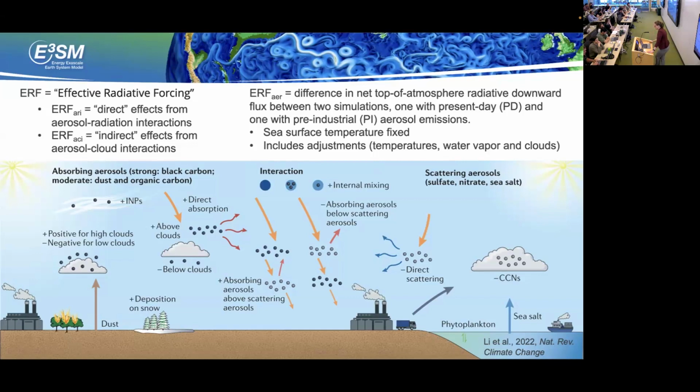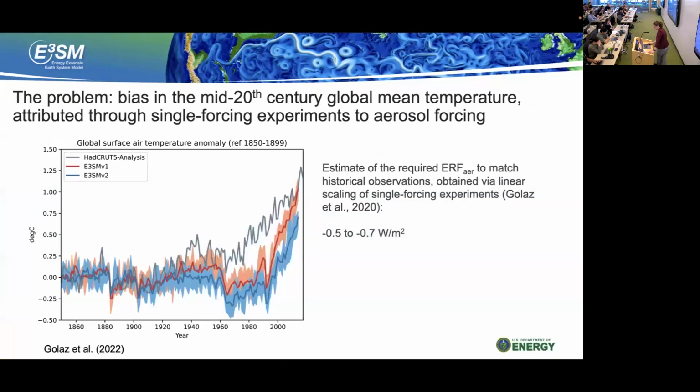And those interact with radiation in different ways, depending on whether they're above clouds or below clouds, where the radiation coming from the sun has been scattered. And then we also have aerosols impacting clouds by increasing the number of cloud droplets. And by increasing cloud droplets, they change the lifetime of the clouds and also the amount of sunlight they reflect.